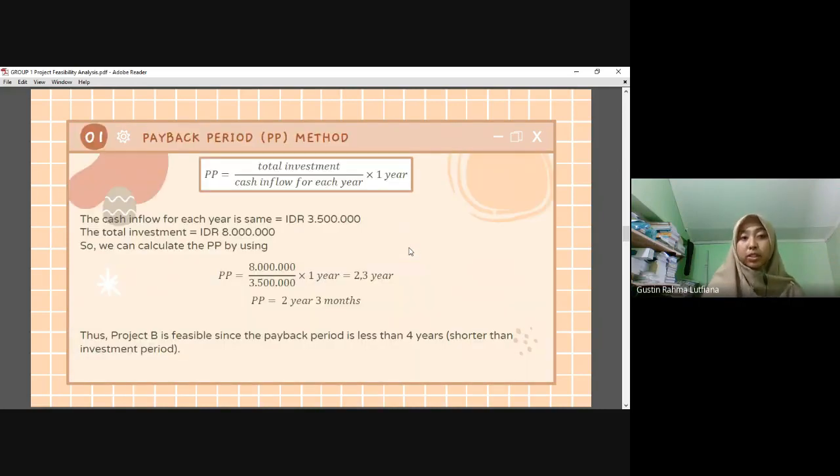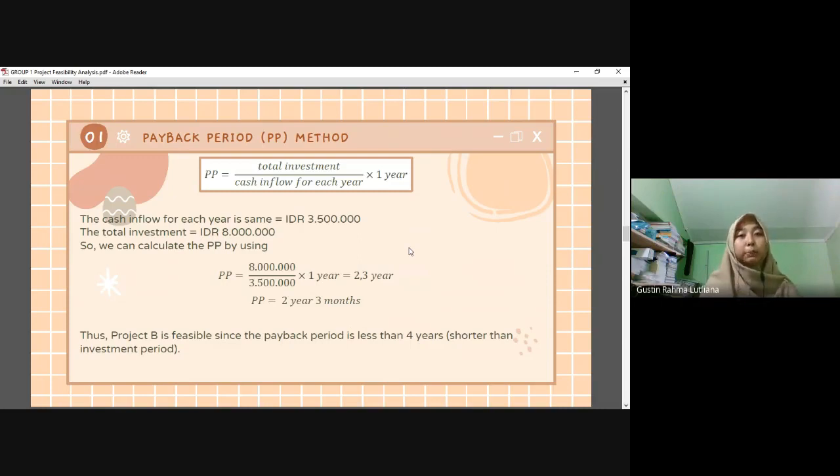This is the first method, the payback period or PP method, where PP is equal to total investment divided by cash inflow for each year times 1 year. The cash inflow for each year is the same, 3,500,000 rupiah, and the total investment is 8 million.